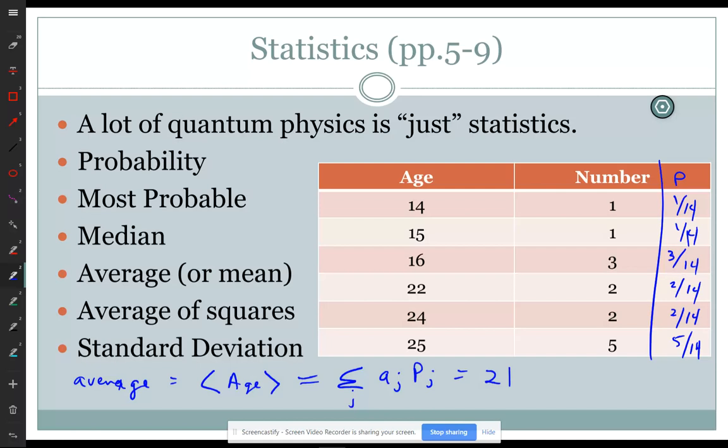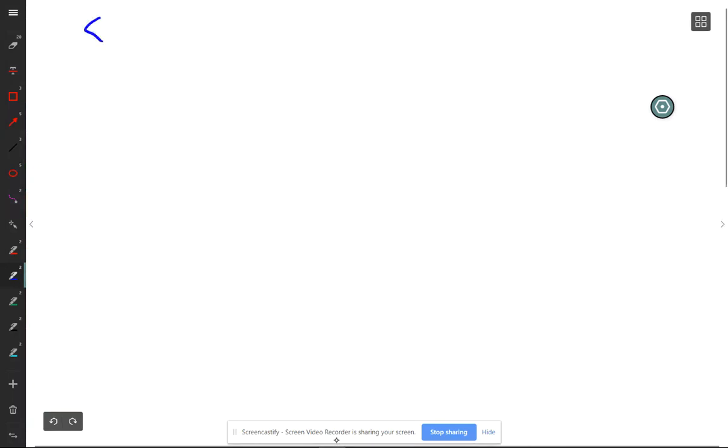Now we have a few more things. The average of the squares. Well, if this is how you find the average, how would you find the average of the squares? Just using the same thing we did, all this changes, we have age squared.